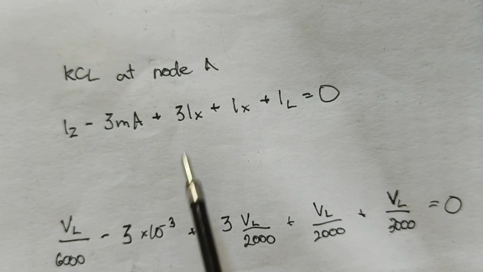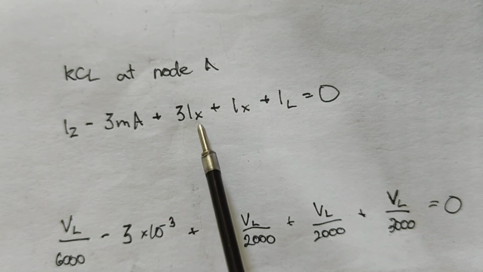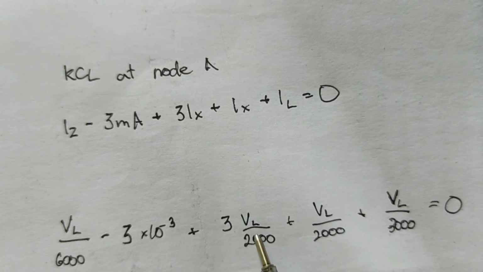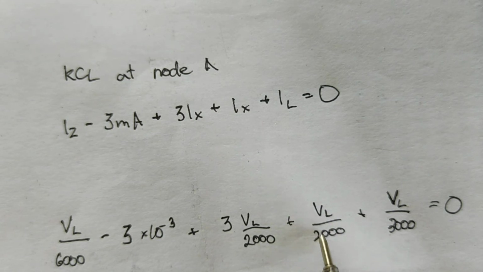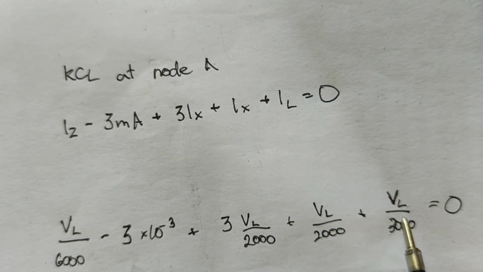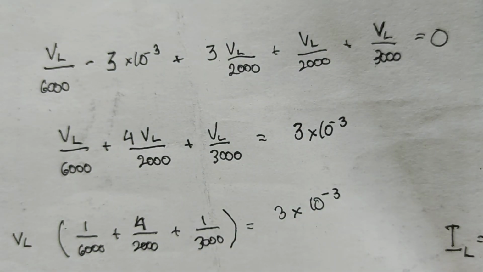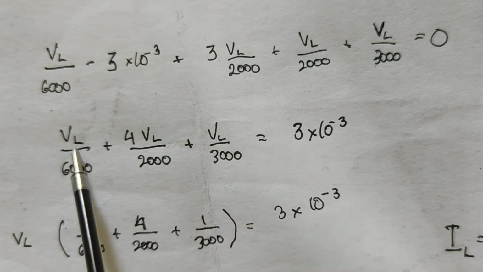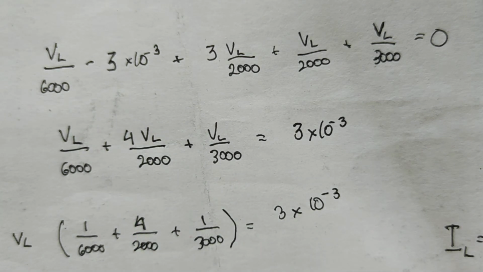Next would be 3Ix, where Ix is equal to VL over 2000, plus Ix again, VL over 2000, plus IL, which is equal to VL over 3000, equals 0. Next would be getting VL, since it is the only variable in this equation.